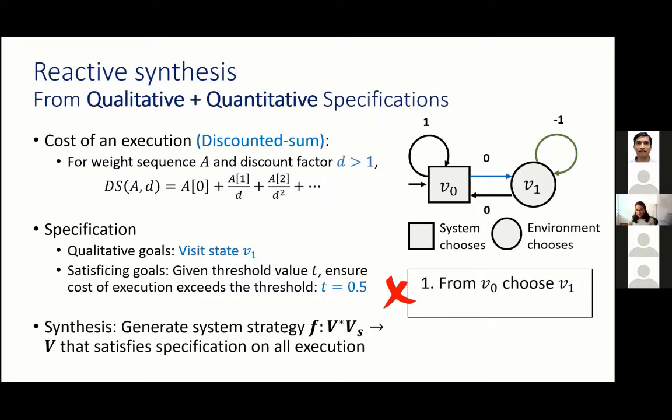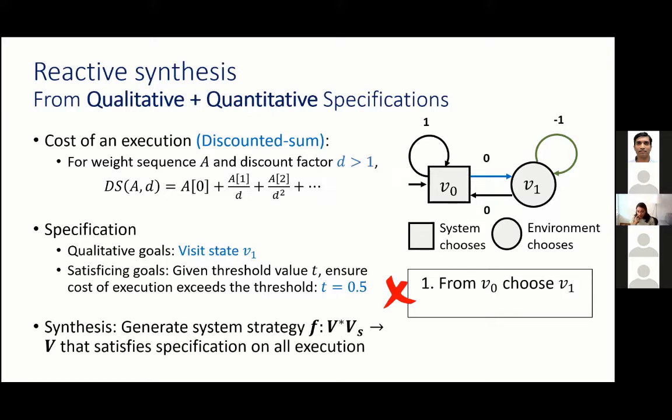And suppose the strategy that the system adopts is to choose to go to V1 from the state V0. Now this strategy doesn't work, because although this strategy satisfies the qualitative goal of visiting state V1, it does not satisfy the satisficing goal.